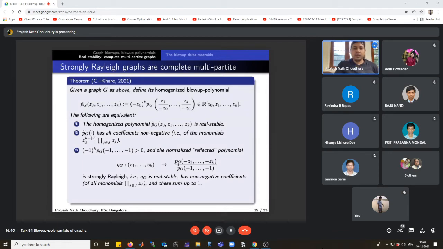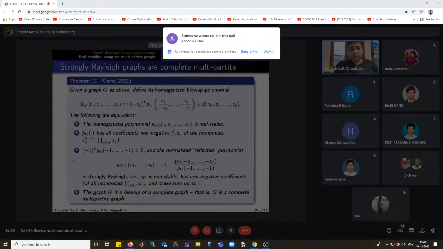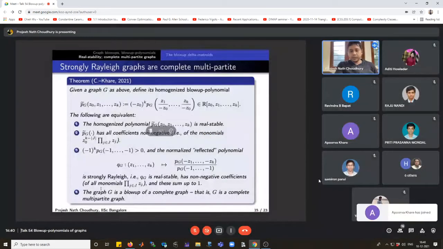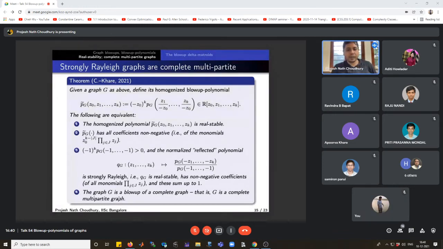So this forms a probability distribution, and the claim is this will happen if and only if this distribution is strongly Rayleigh. And these three things are equivalent to the graph G being a complete multipartite graph, which is precisely the same as saying it is a blow-up of a complete graph.